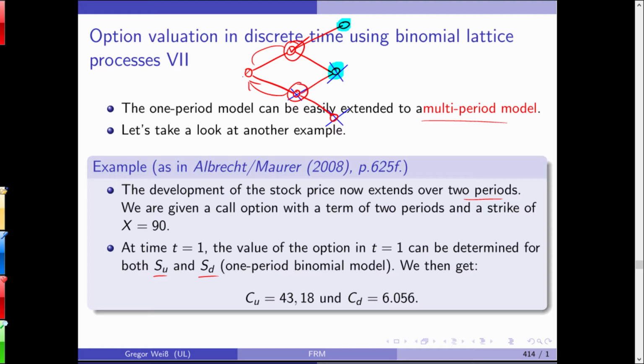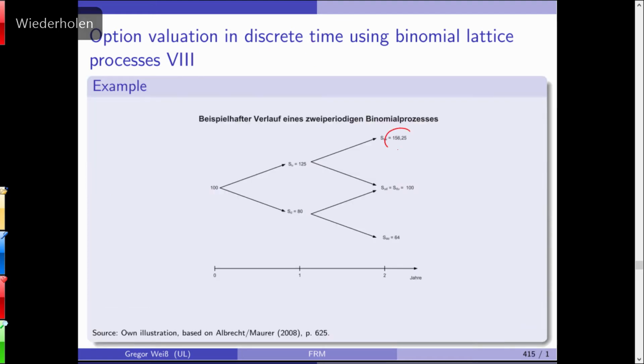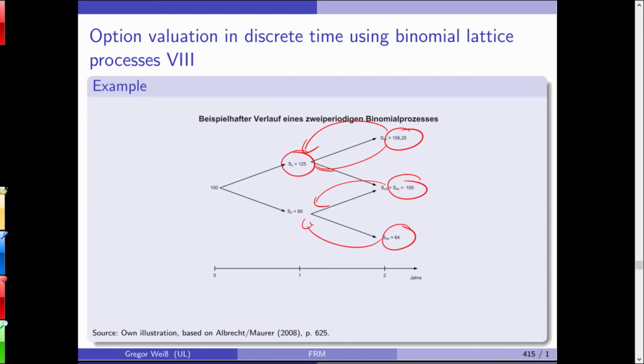If you do this here, you would get CU and CD, this is CU, and this is CD, equal to 43.18 and 6.056. And you just go back one period, and again one period.